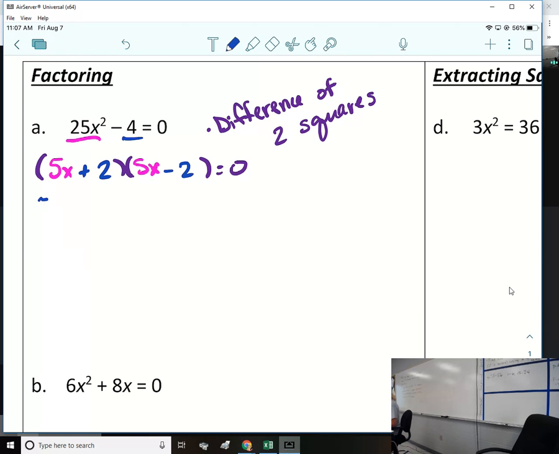Right, we set each of those equal to 0, because you're multiplying those factors together. If you multiply and get 0, that means one of them has to be 0. The only way you can multiply and get 0 is if you're multiplying by 0. So you set them equal to 0, and then you just have a 2-step equation to solve.